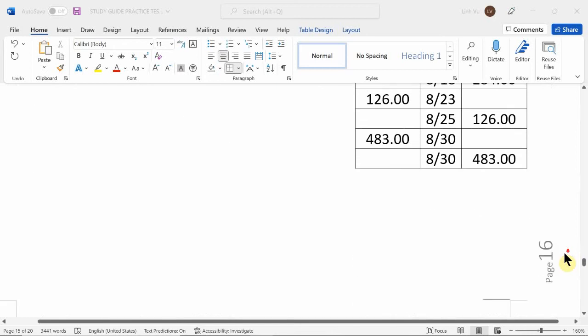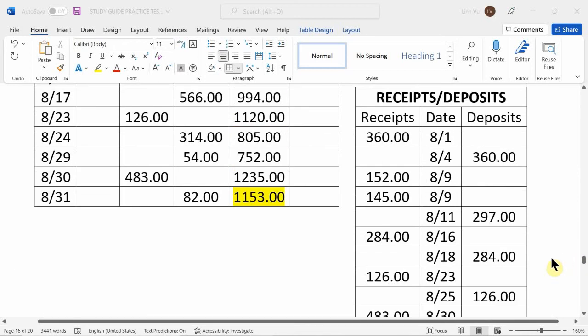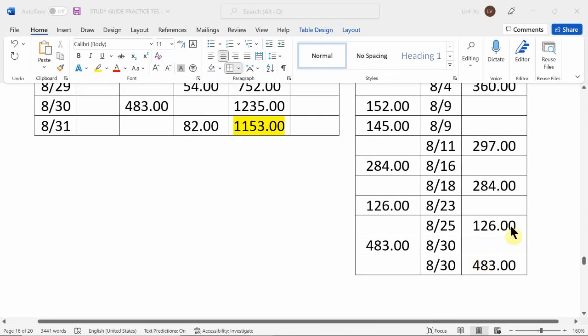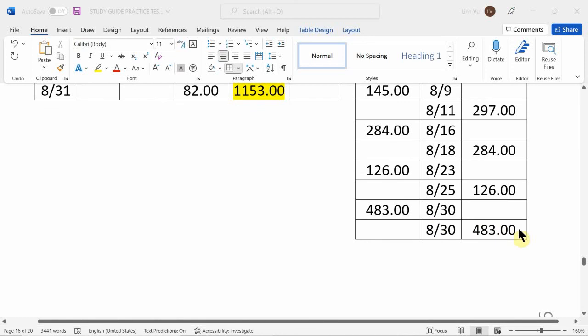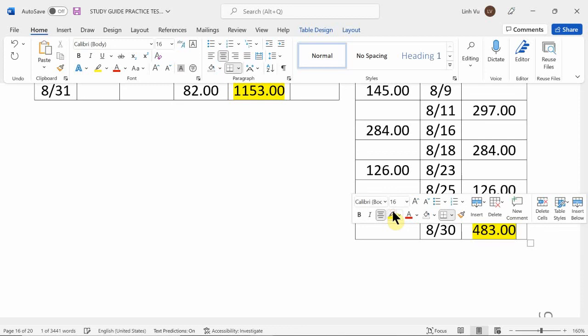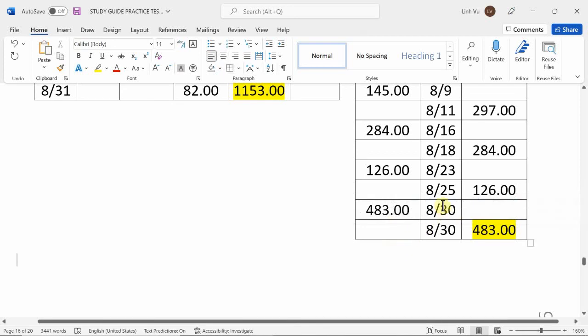Okay, so let's see. 360 was my first one. 297 is my second one. 284 and 126. So which one am I missing? 483. $483 has not cleared yet. Because we decided to deposit it at the end of the month, it might be a weekend, so it's not going to clear until later.